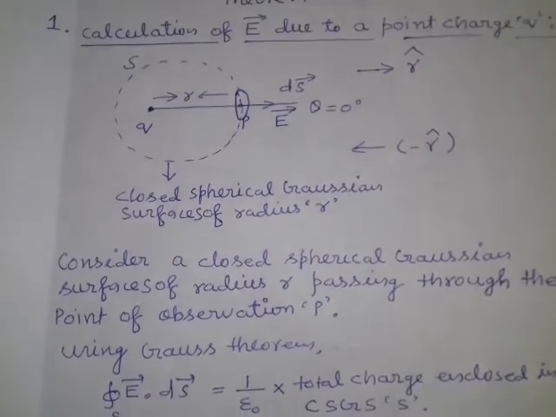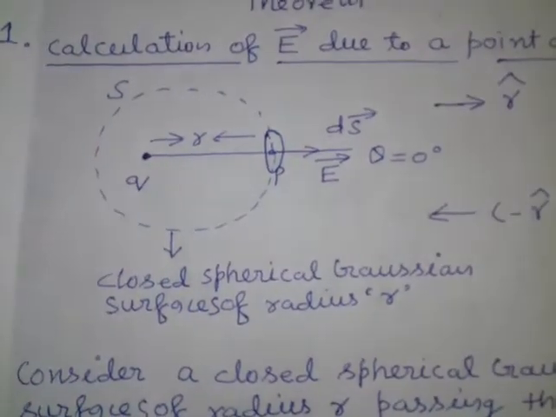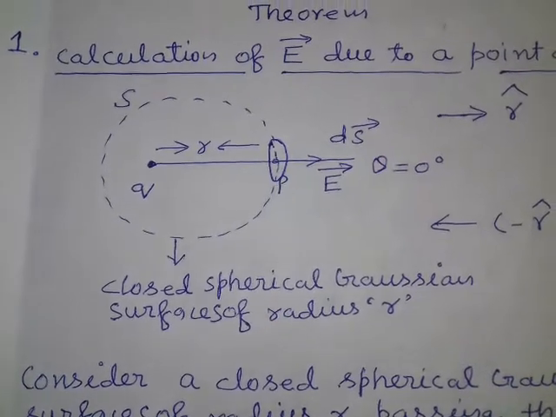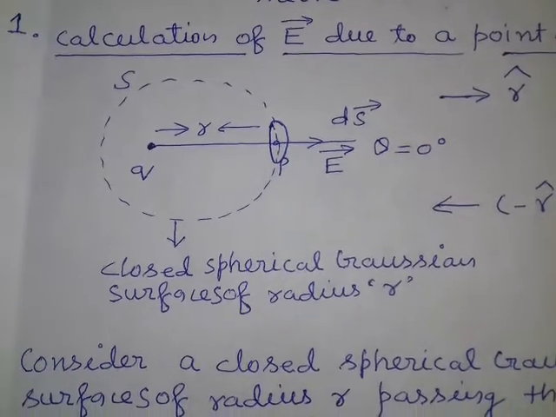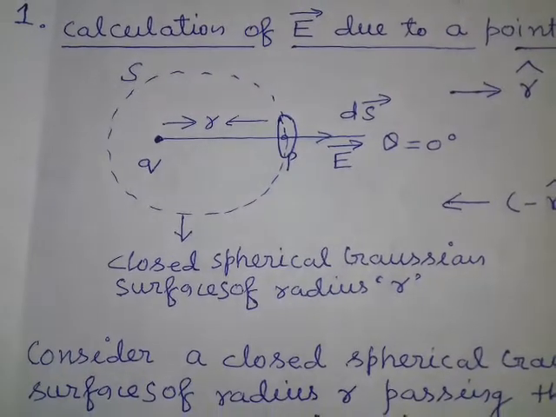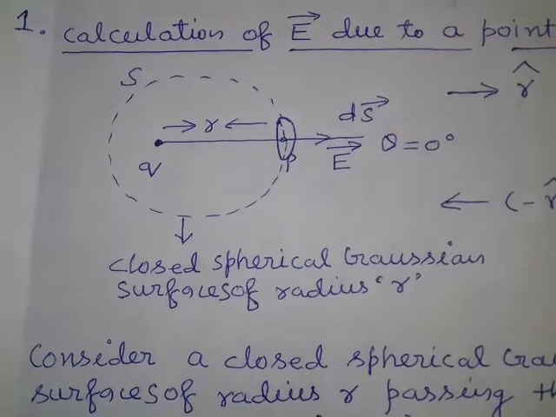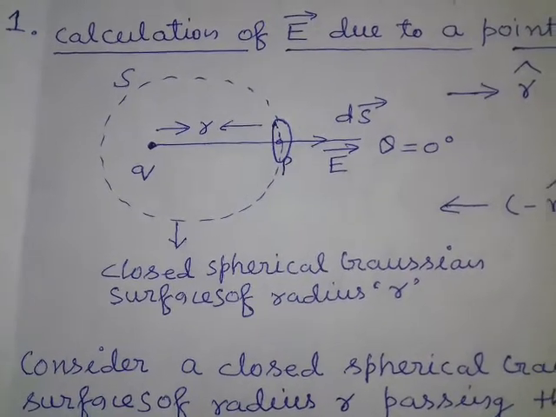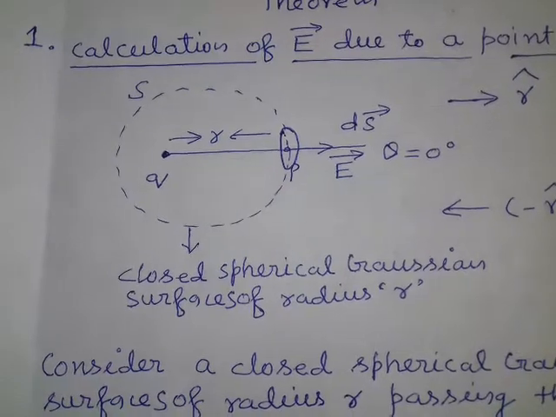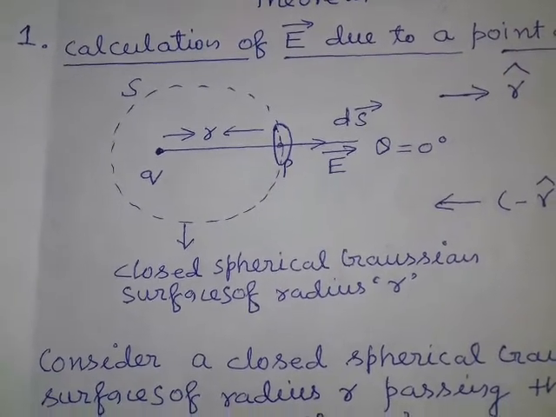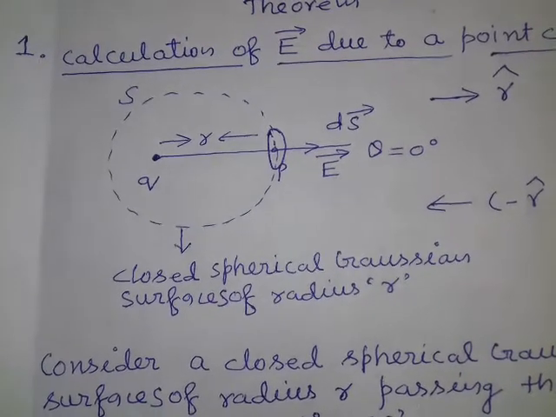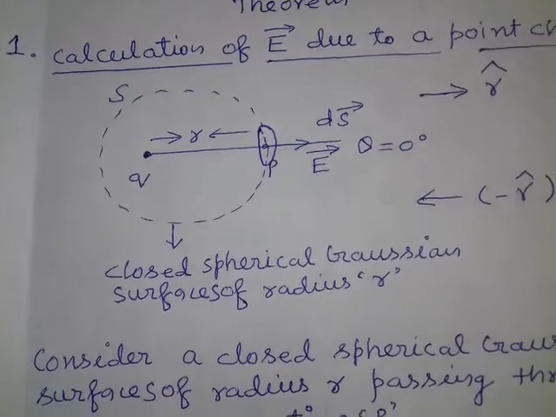So we will consider a closed spherical Gaussian surface of radius r passing through the point of observation P. You can see in the diagram that at point P the direction of electric field is always away from the source charge, and S is your spherical closed Gaussian surface. We consider that this spherical Gaussian surface S is made of numerous area elements having value ds.